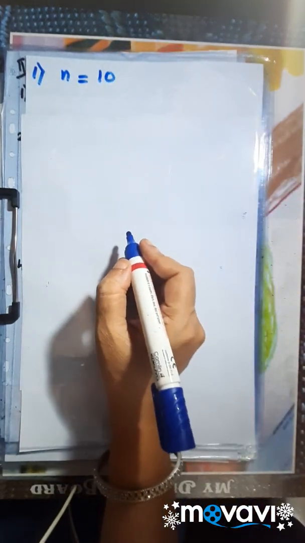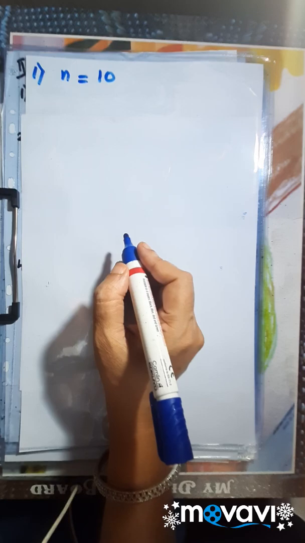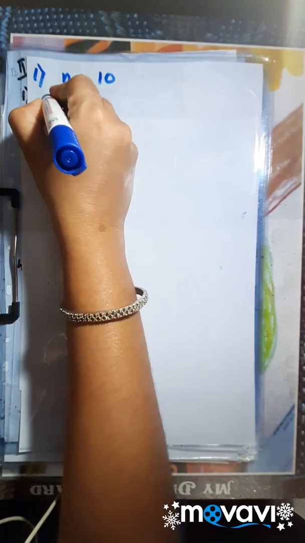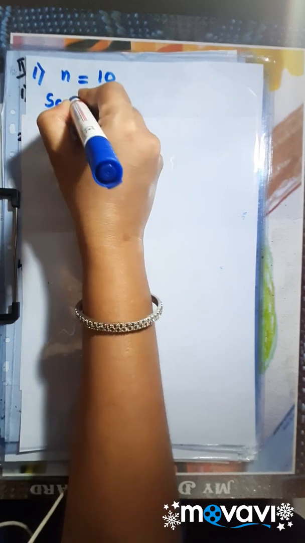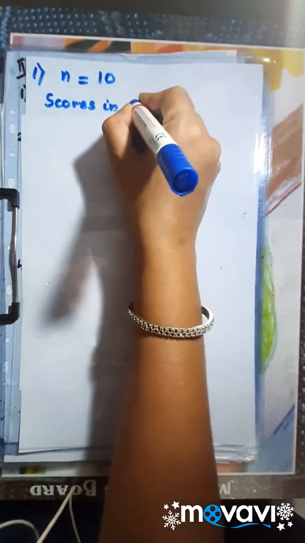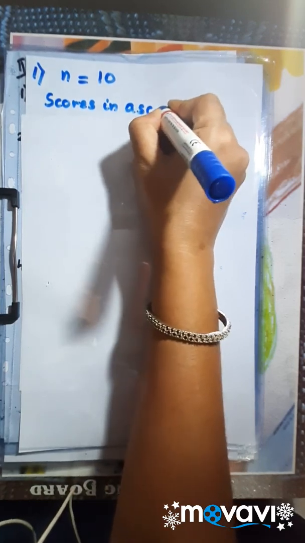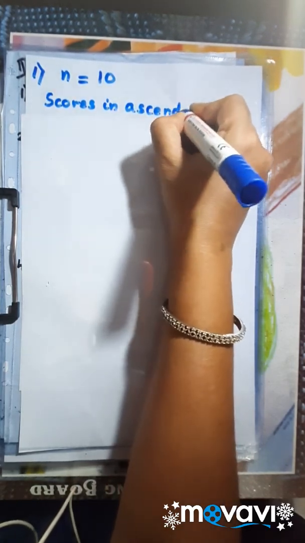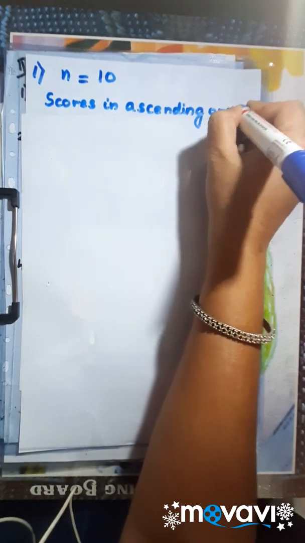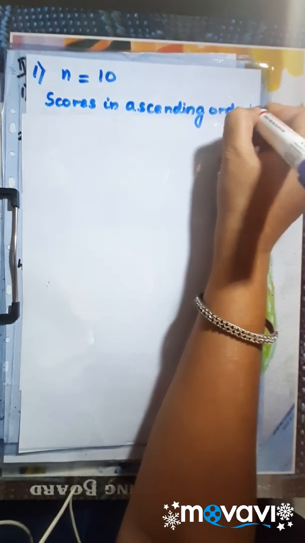The weight of each tomato in grams is given as follows. So we will say scores, right? Now we will write the scores in ascending order.